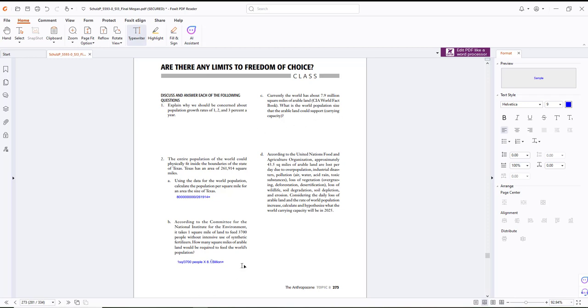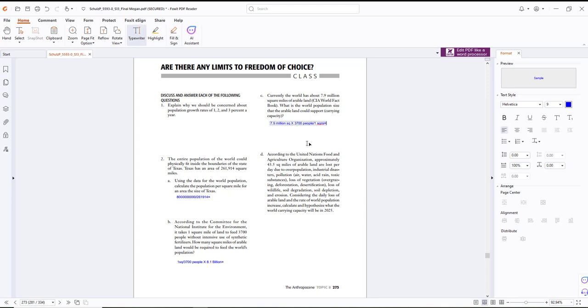So think about, if we have 7.9 million square miles of arable land, and we can have 3,700 people per square mile, how many people could potentially be on Earth? Okay, so you can calculate that out.